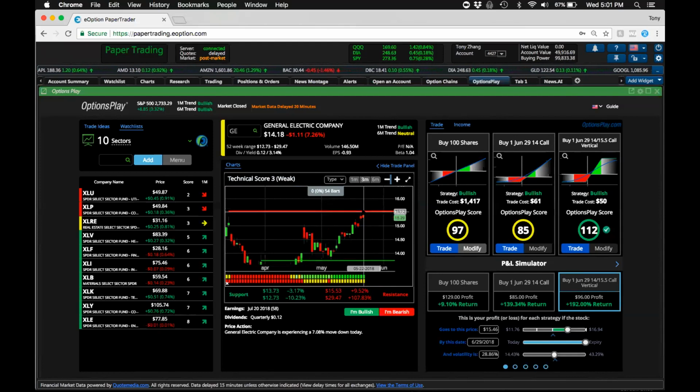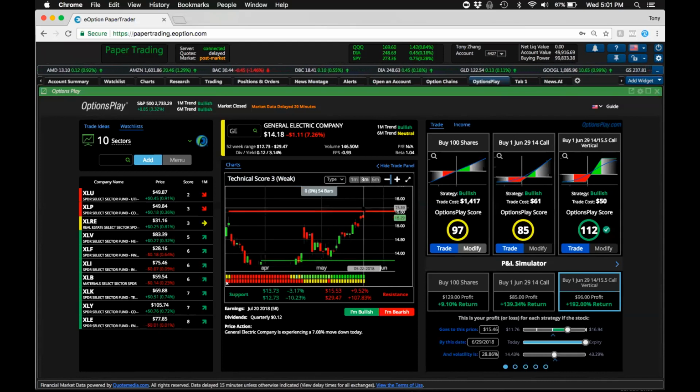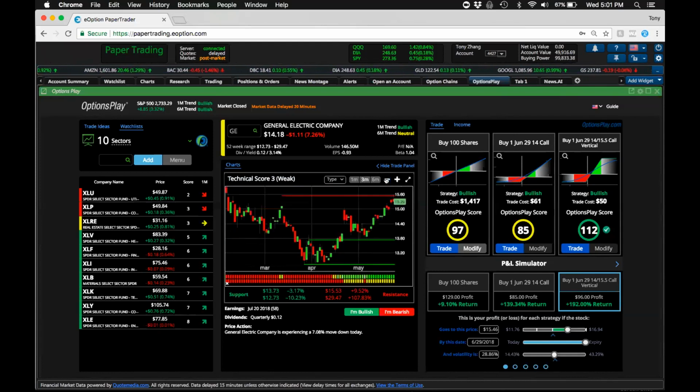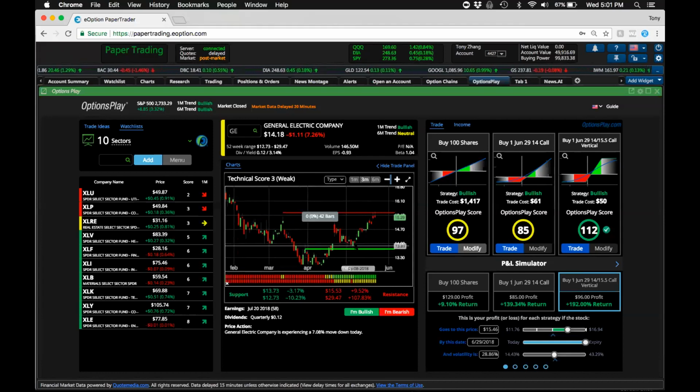So it's interesting to keep an eye out here on GE. If it breaks above that resistance level, I would expect the trends to turn bullish. That would certainly be a very bullish signal that GE has potentially recovered and will likely continue going higher. And for those of you that like charting, this looks like an inverted head and shoulders.